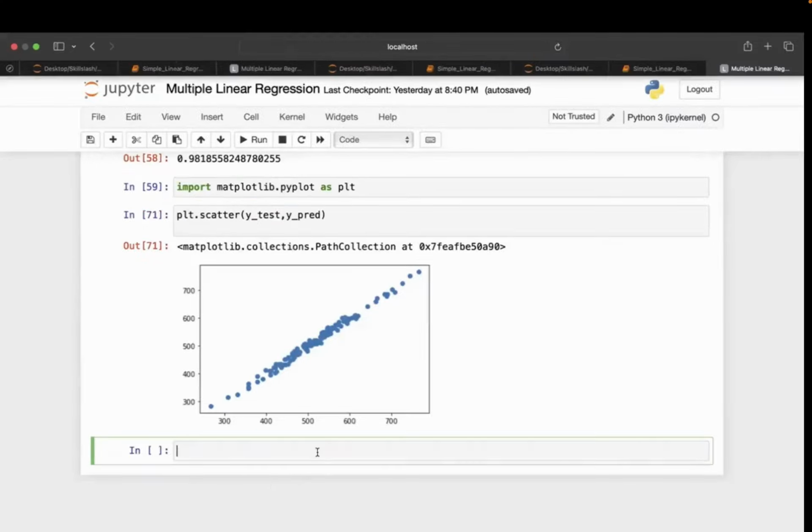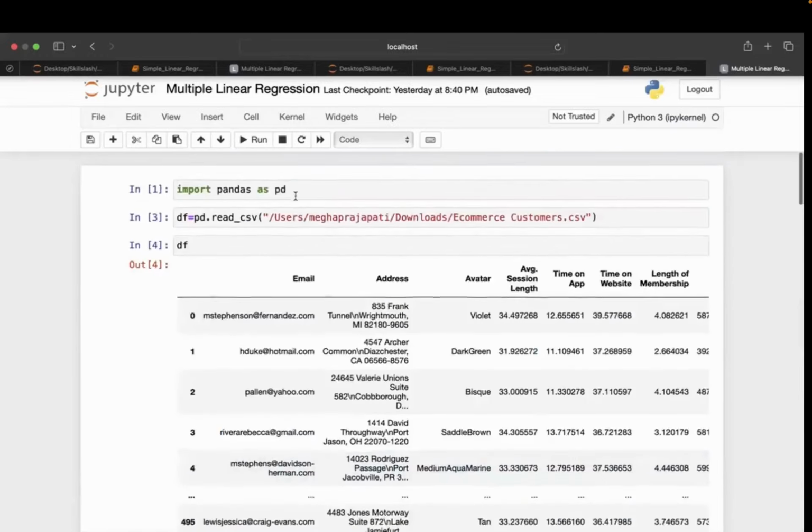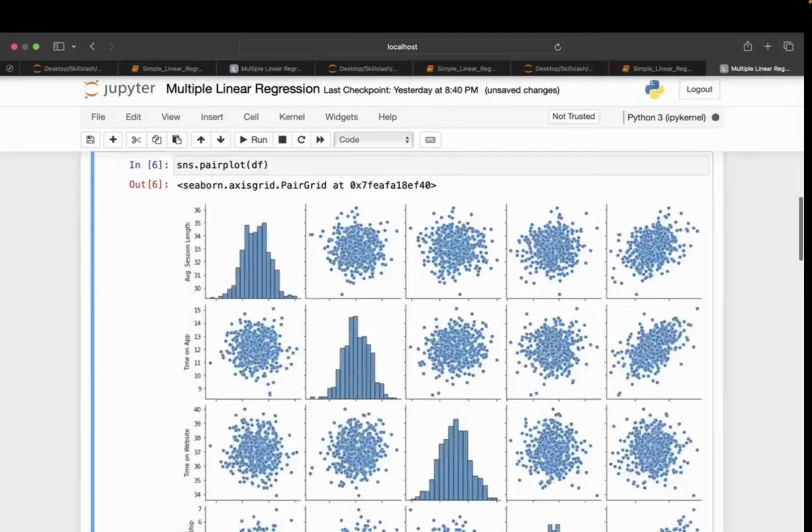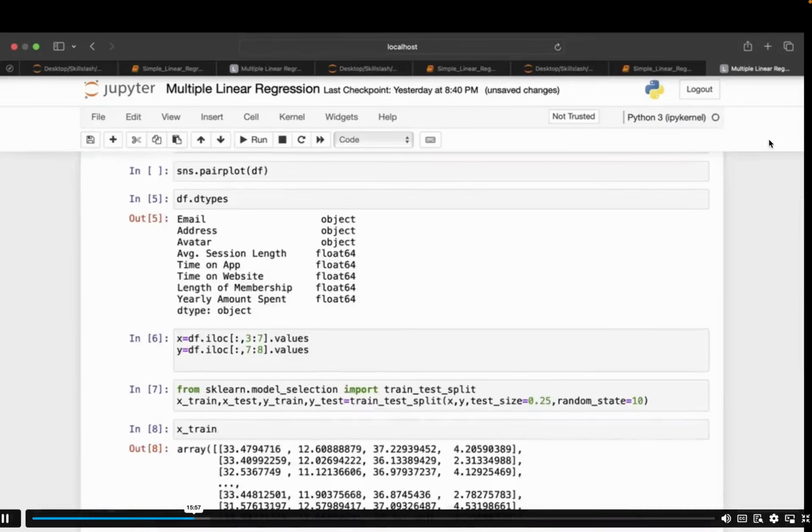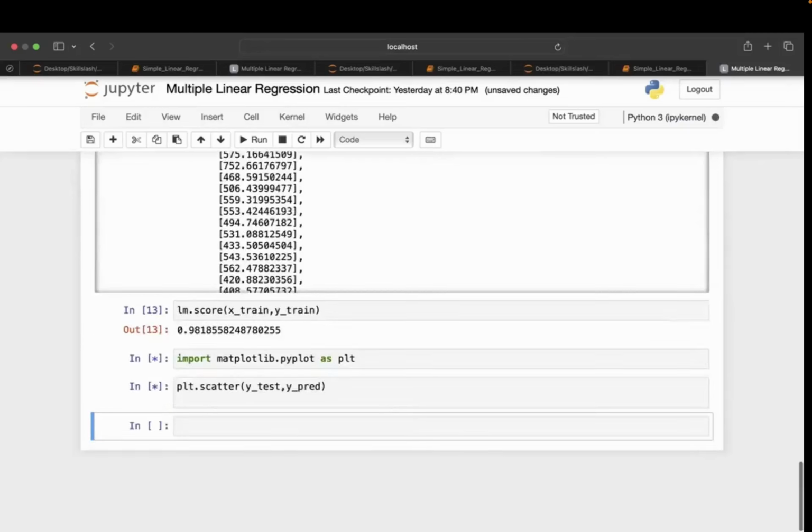Find the error. I'll tell you why is that. So let's quickly find the error first. Just a second. So let me run all the cells first. After this, we will find how we can answer this business question.